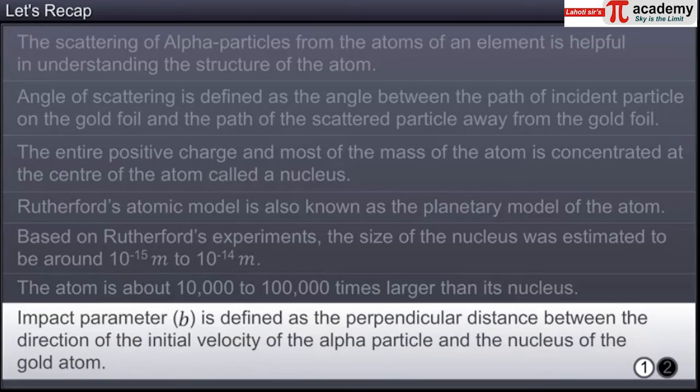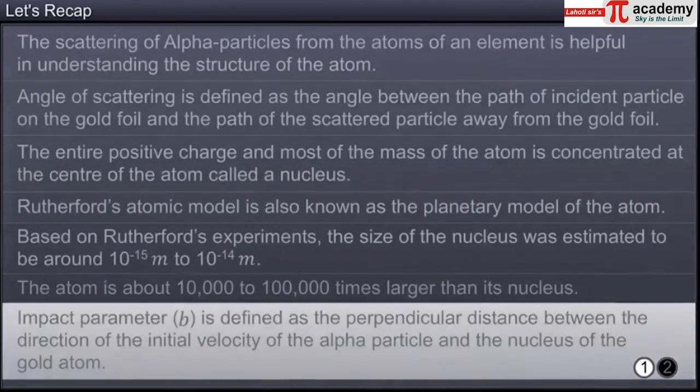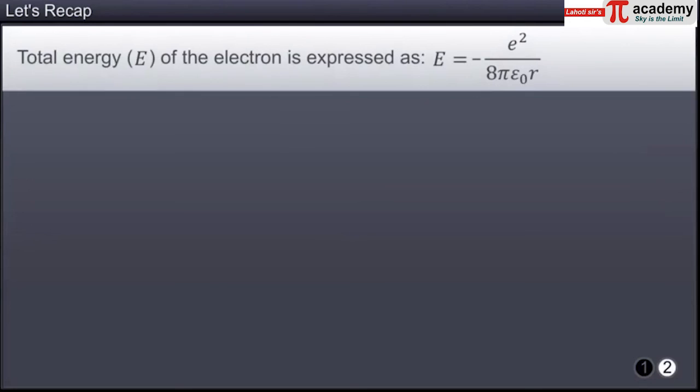Impact parameter b is defined as the perpendicular distance between the direction of the initial velocity of the alpha particle and the nucleus of the gold atom. Total energy of the electron is expressed as E is equal to minus e square by 8 pi epsilon naught r.